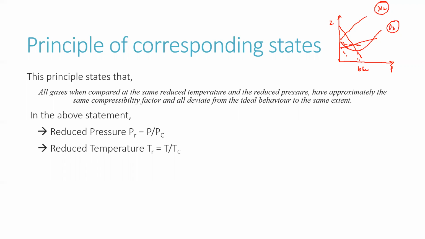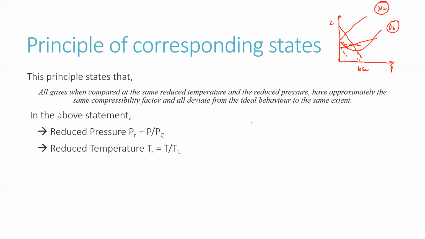This principle states that all gases compared at the same reduced temperature and reduced pressure, let's say that we don't know these terms right now, so consider any temperature and pressure being some reduced temperature and pressure, have approximately the same compressibility factor and all deviate from ideal behavior to the same extent.